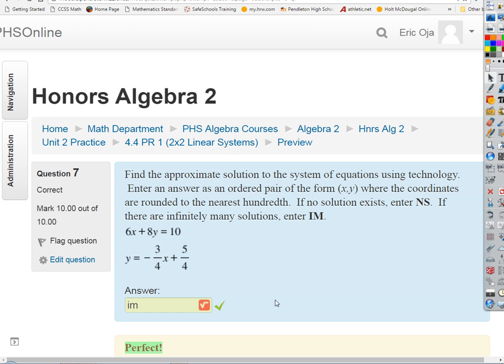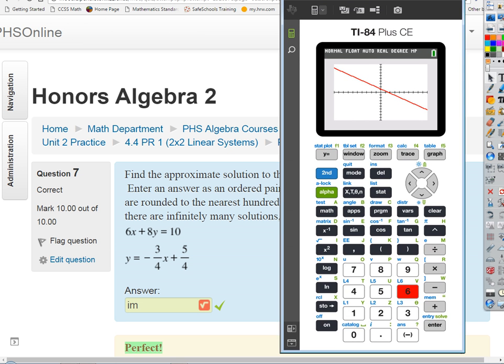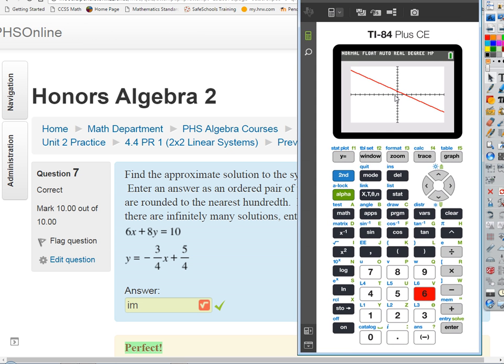Okay. If you don't have the fancy TI-84 that has the red and the different colored curves, the way you can ascertain that they are lining up one on top of the other, because you wouldn't be able to see the second line being drawn, would just be to turn one off at a time. So if I go up and I unhighlight the equal sign, that effectively turns off the first curve.